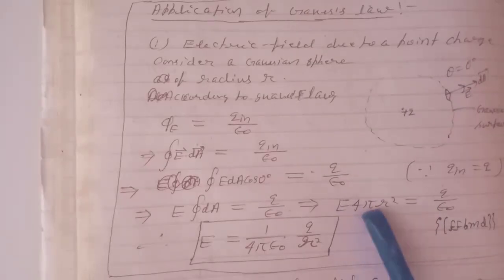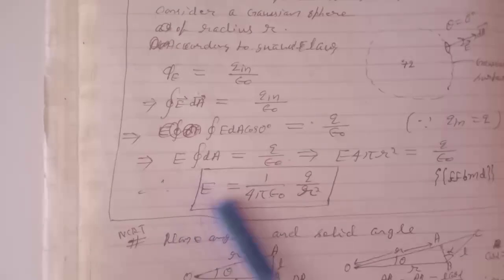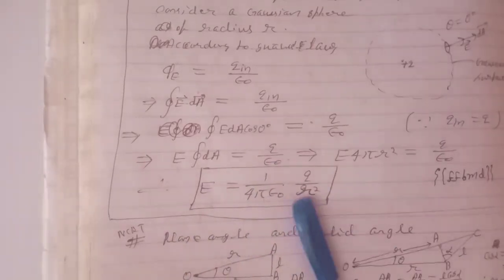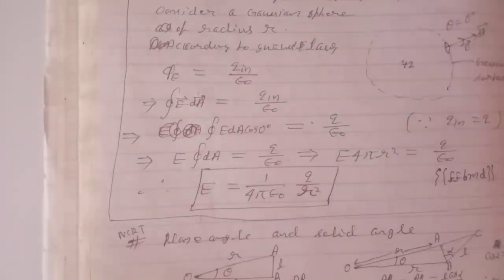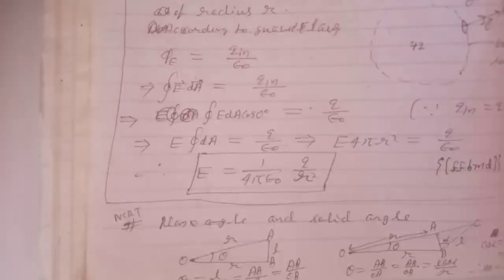The total area of a sphere is 4 pi r square. So E times 4 pi r square equals Q by epsilon naught. Hence E equals 1 by 4 pi epsilon naught times Q by r square. Thus, using Gauss's law, we have calculated the electric field due to a point charge at a distance r from the charge.